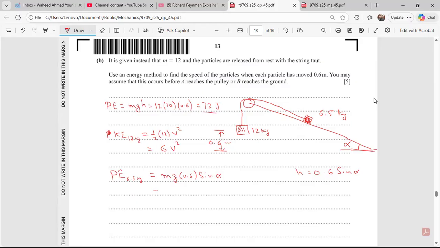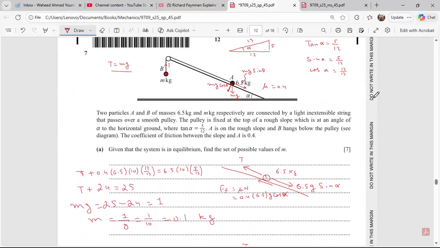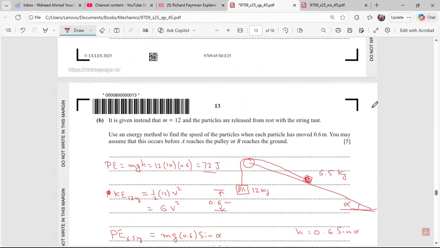Okay, so m for this object was 6.5 times 10 times 0.6, and sine of alpha was 5 by 13, if I remember it correctly. Sine of alpha is 5 by 13.